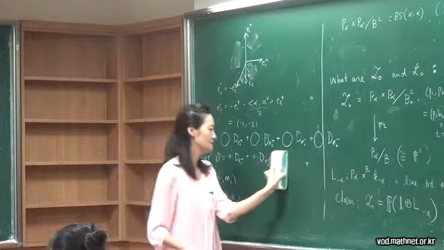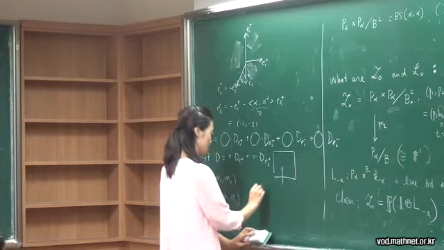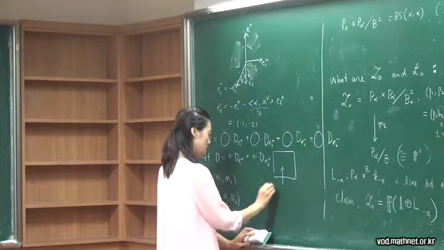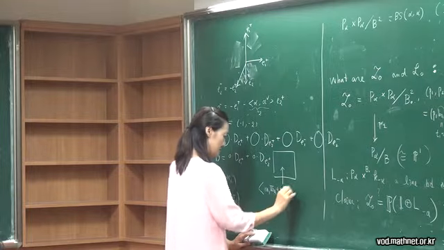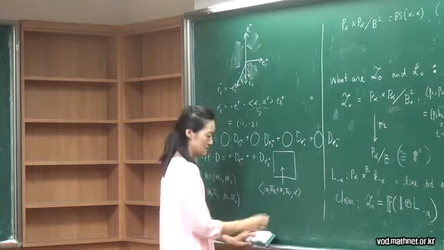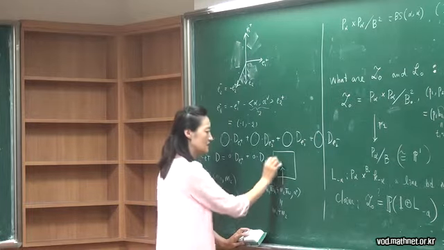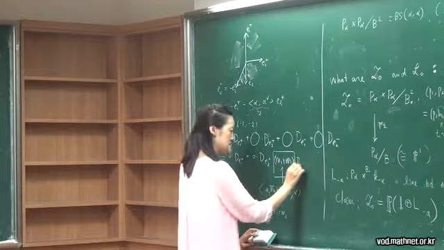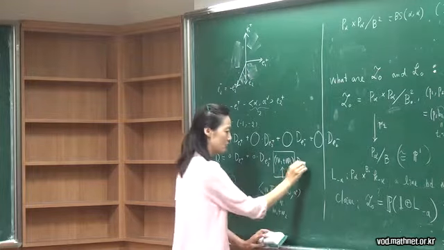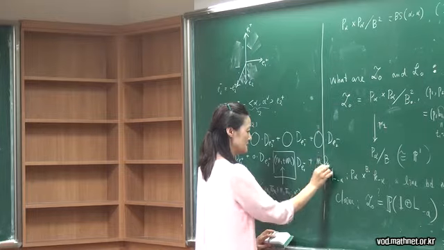So this will be M1 alpha plus M2 alpha check, which is just M1 plus M2. So M1 plus M2 times D E1 minus, and the second one will be M2 times D E2 minus.